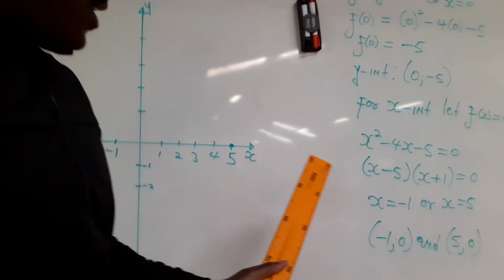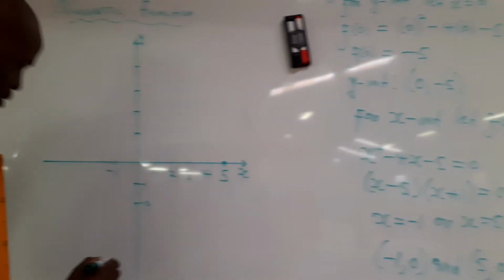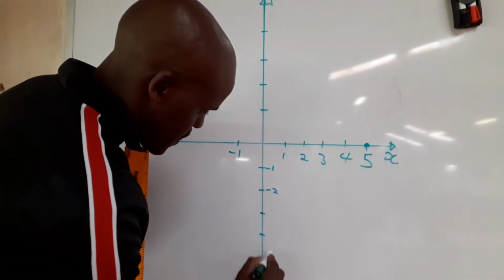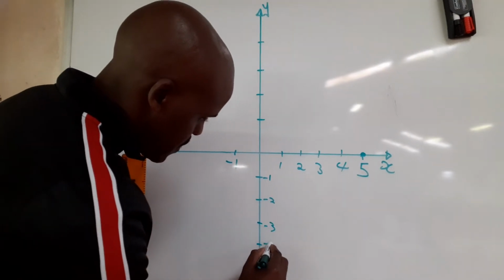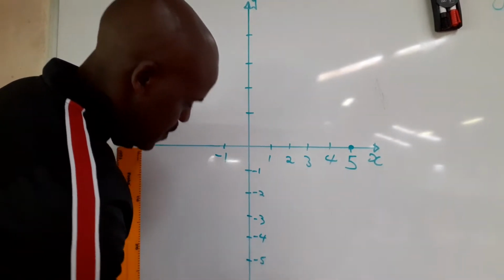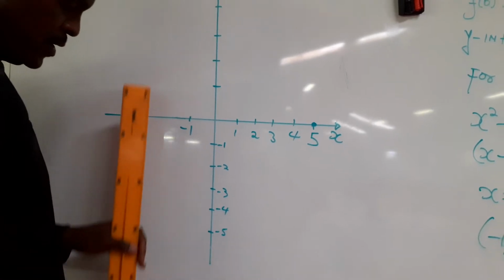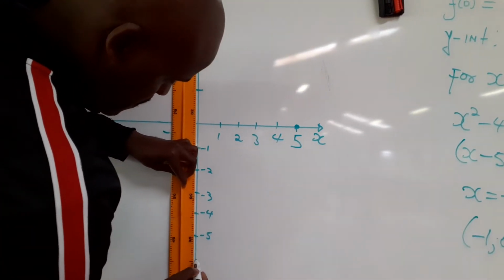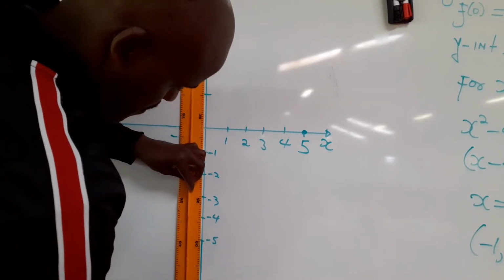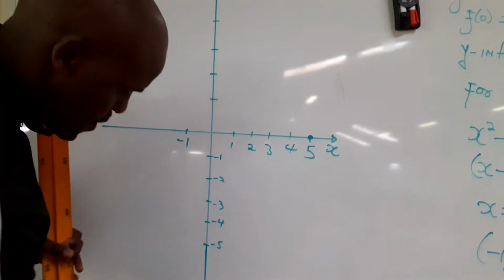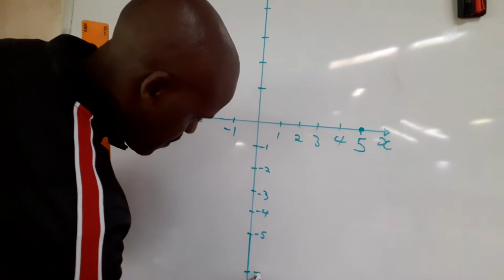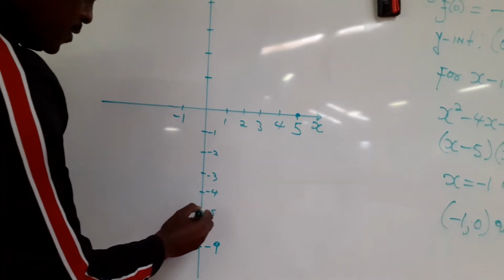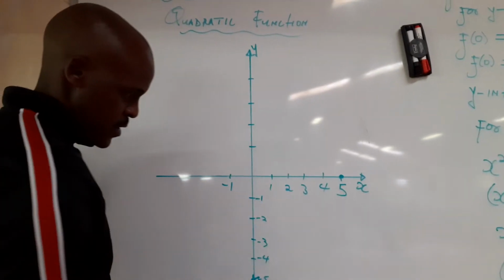Right, we need to have -5 as our y-intercept. And then our turning point. That's our y-intercept.